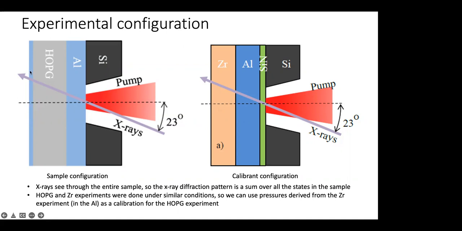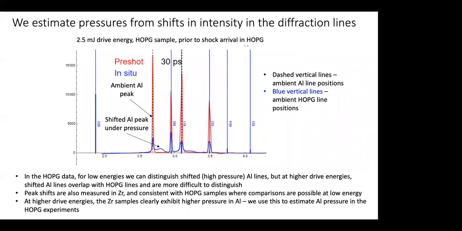But in HOPG, we covered the back of the HOPG with an aluminum layer, and nominally that was for our would-be velocimetry. But the nice thing about that is it did give us a calibration for the ambient aluminum position, even after the aluminum on the ablator side had been completely ablated or completely changed.